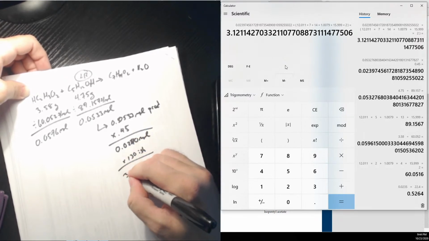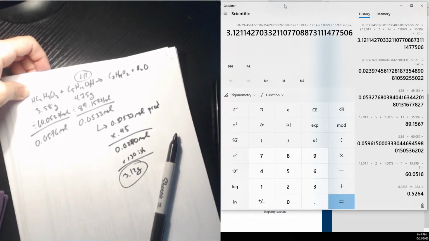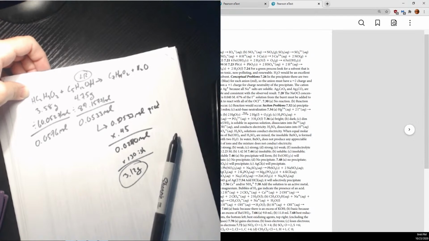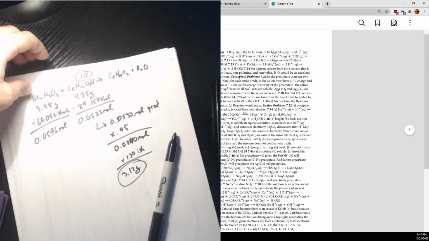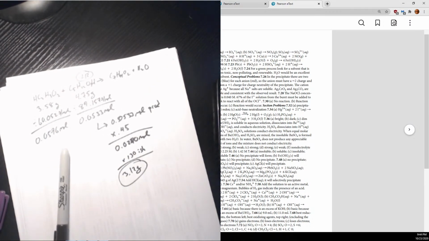Means we made 3.12 grams of our product. And according to the book, I was close enough. I don't know. It's probably just rounding errors. Or I could have slipped a digit somewhere.